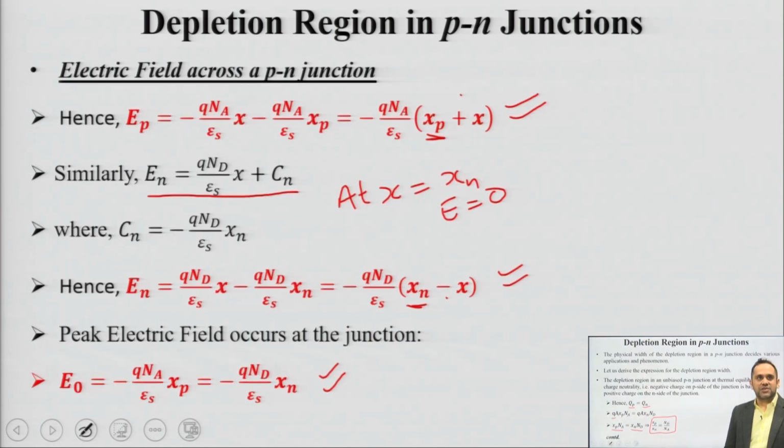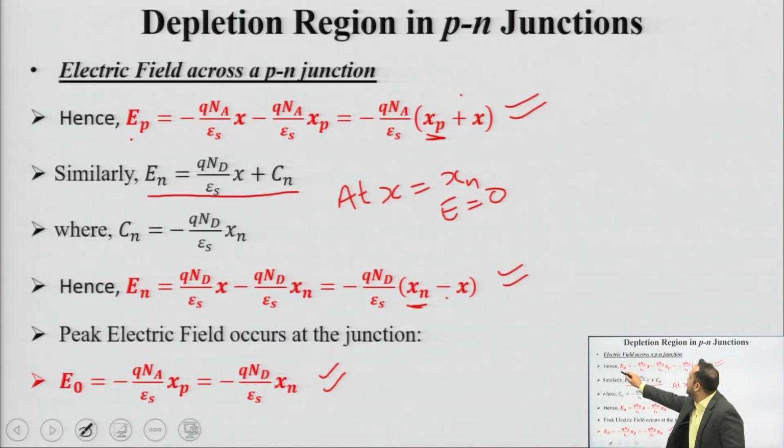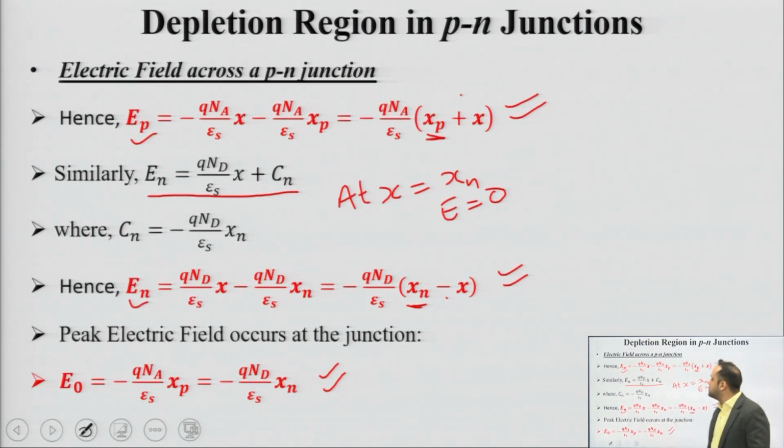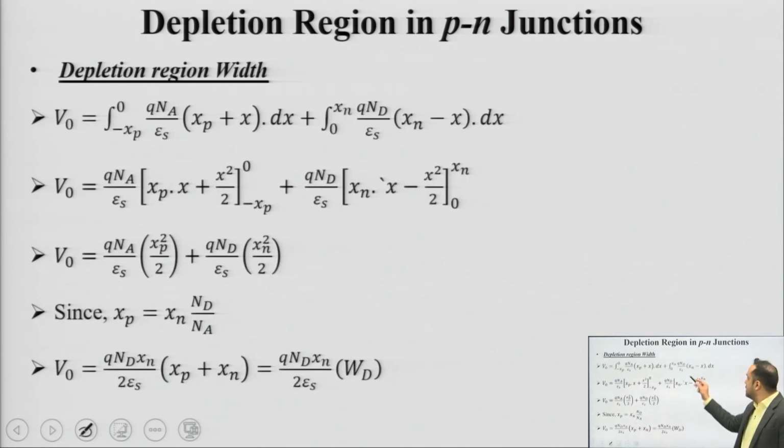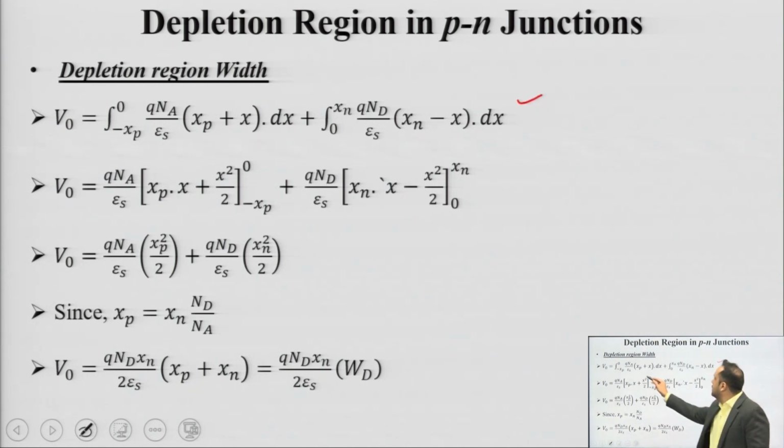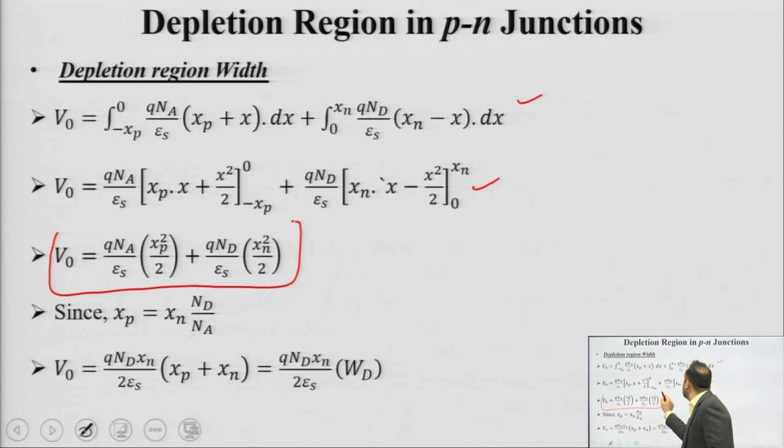And we have the expressions we have just derived for Ep and En. Substitute these expressions here and you are going to get a simple integral in x. When you integrate this, you have the limits also. So, you just simply integrate and put the limits here. This is the expression you are going to get.